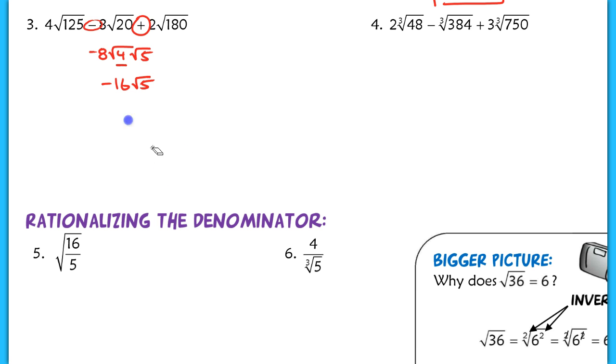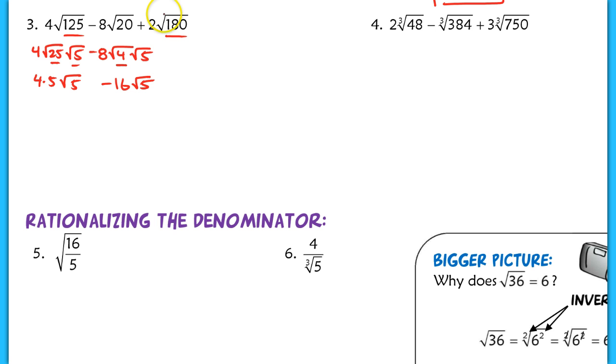So my guess now is that in the other radicals, I can probably divide those by a 5. So if I try to divide 125 by 5, I end up with the square root of 25 times root 5, right? Those two multiply to give me 125. And this is really helpful because the square root of 25 is just 5. So now I have 4 times 5 times root 5 minus 16 root 5.